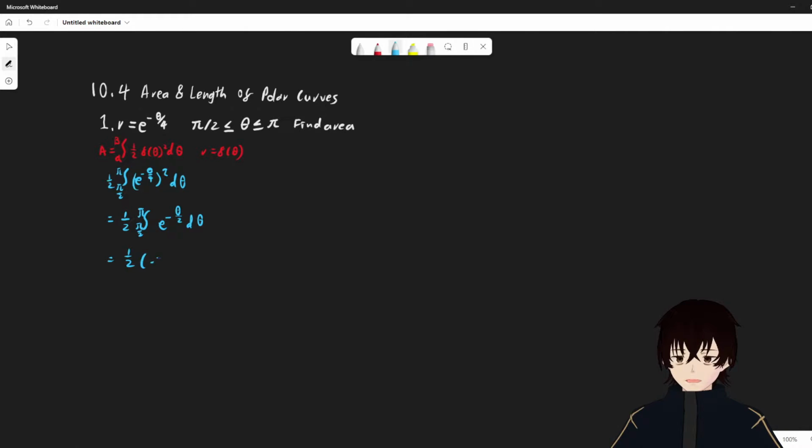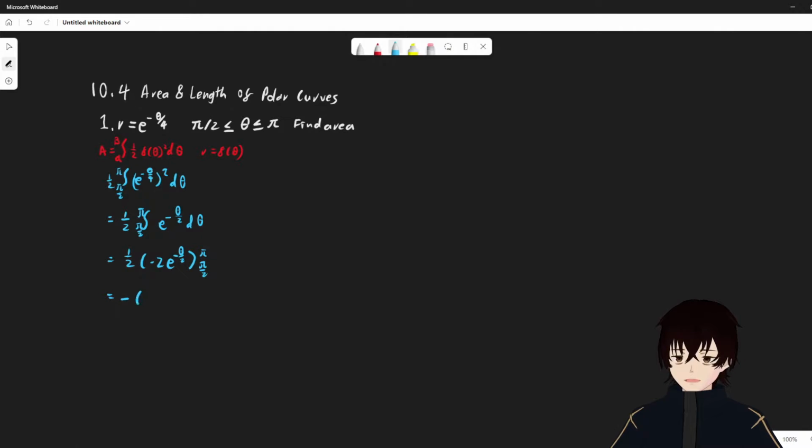That should be what? Negative 2 e to the power of theta over 2. Oh, negative theta over 2, by the looks of it. And it goes from pi over 2 to pi. Solve that, we get negative. Or rather, let's not do that just yet. Or maybe we can.